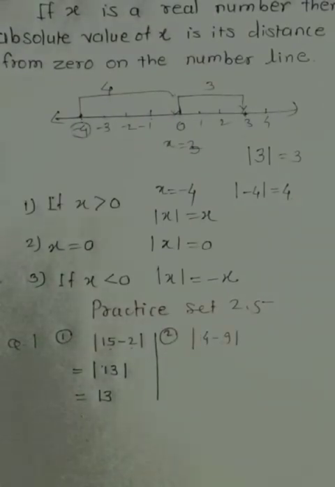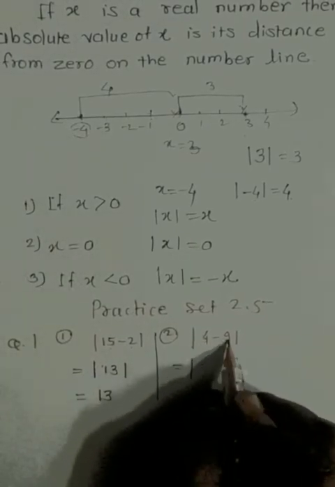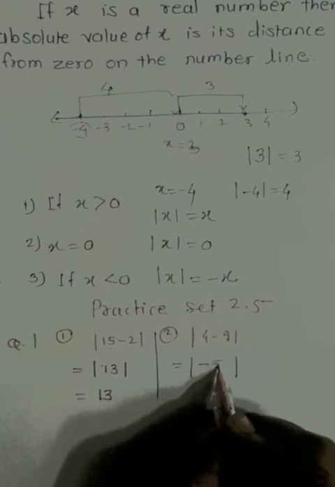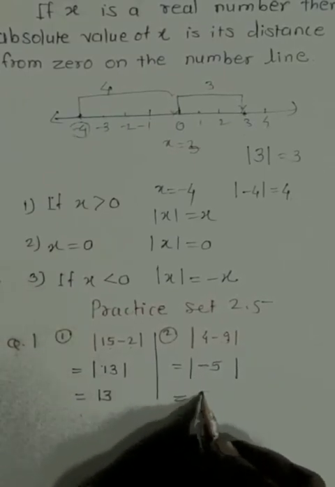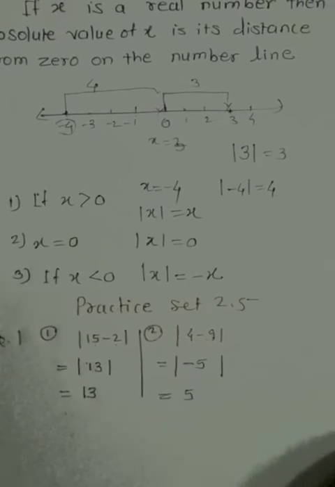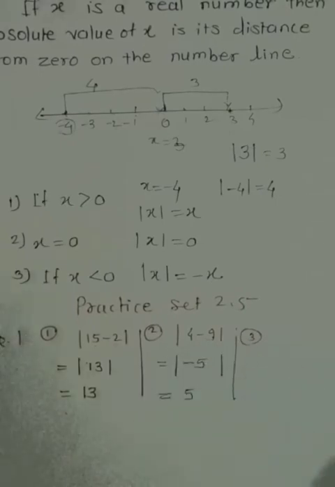Again we simplify the bracket first: 4 minus 9 is -5, and the absolute value of -5 is then simplified.